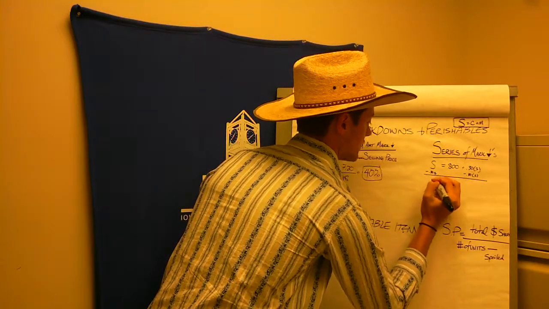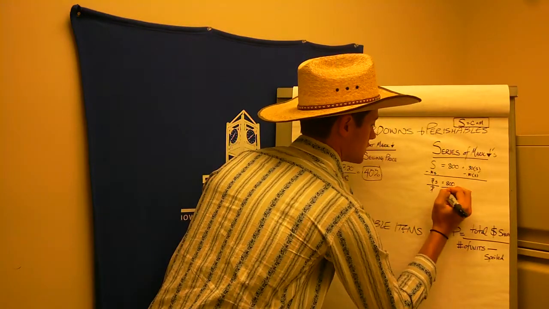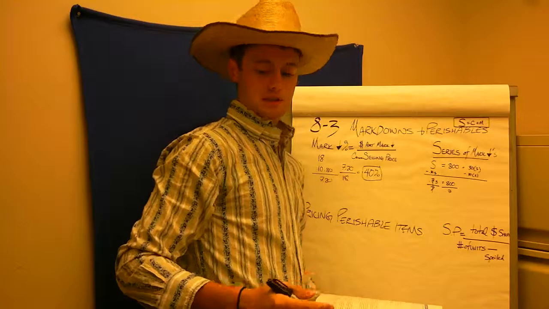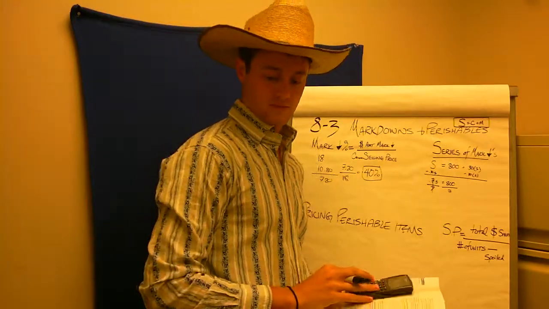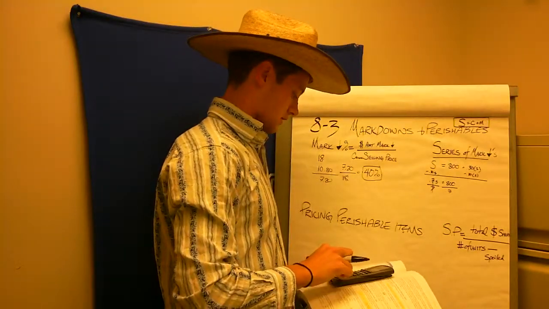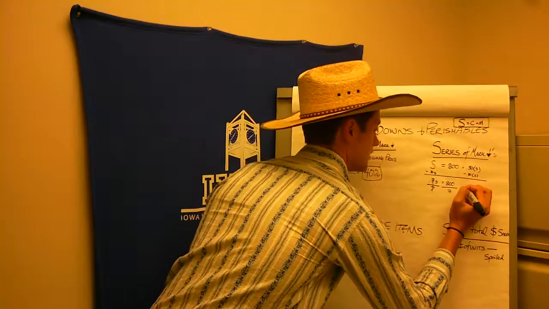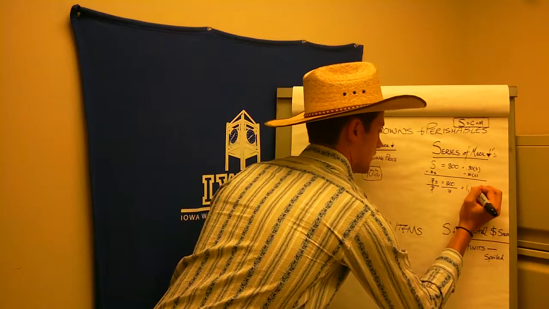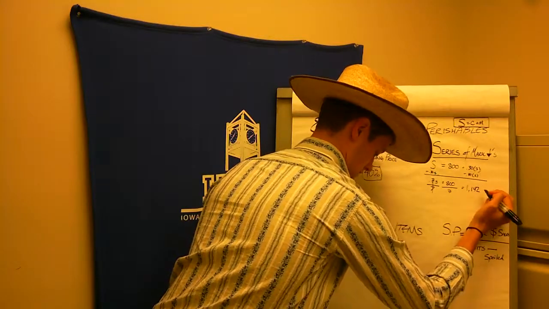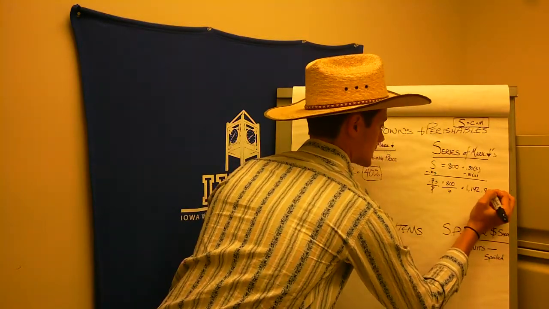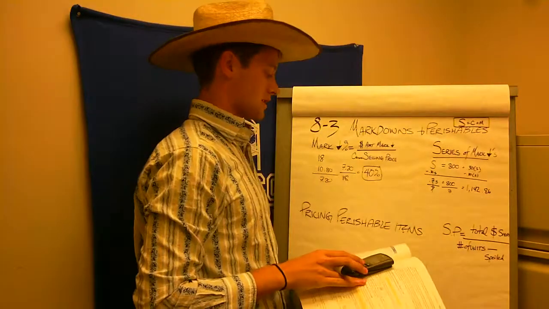Divide that by 0.7, so selling equals 800 divided by 0.7. I'll put that into my calculator, and it turns out to be $1,142.86. So that's going to be our selling price.